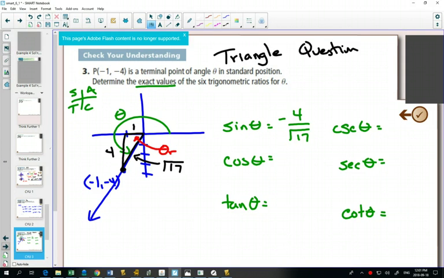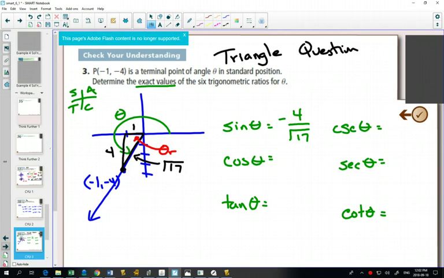Do you remember in grade 11, whenever you had a square root on the bottom of a fraction, you had to rationalize the denominator? Yes? Okay. In grade 12, they assume you know how to do that, and they don't require it on every question. So you can leave your answer with a square root of 17 in the denominator without losing any marks.